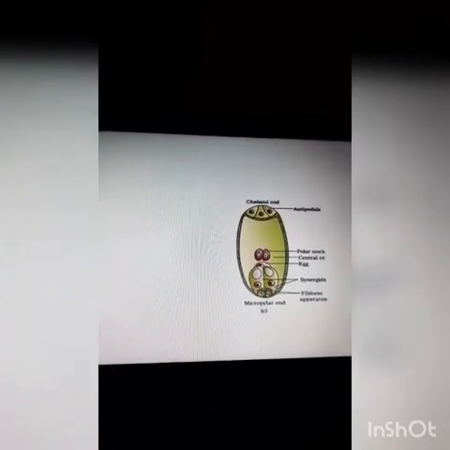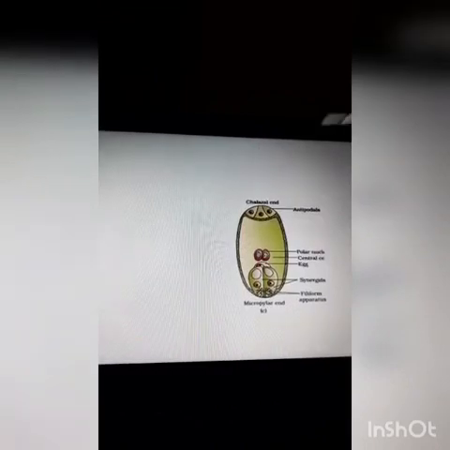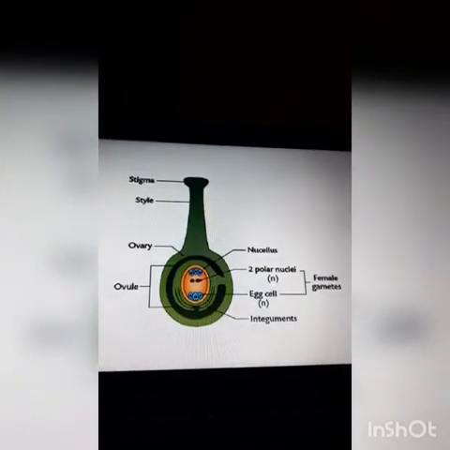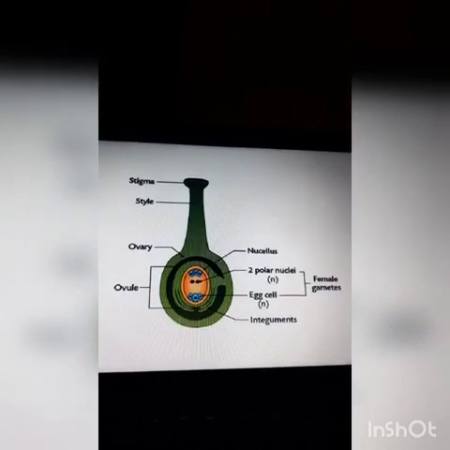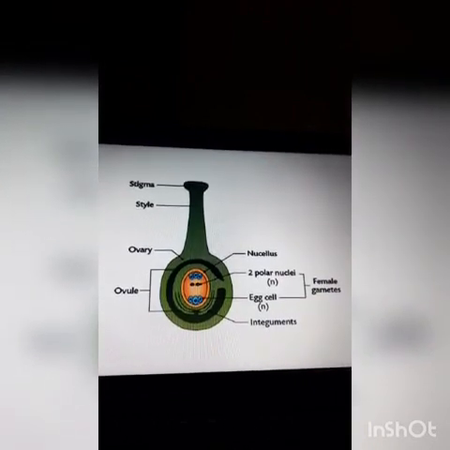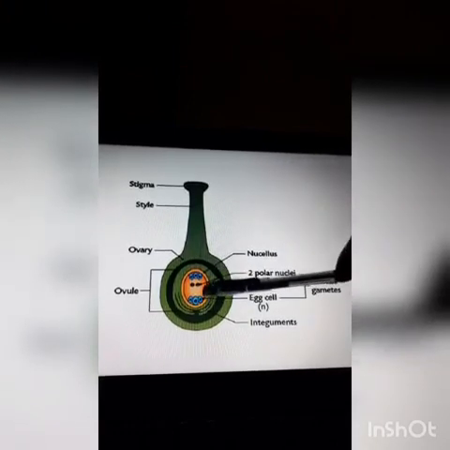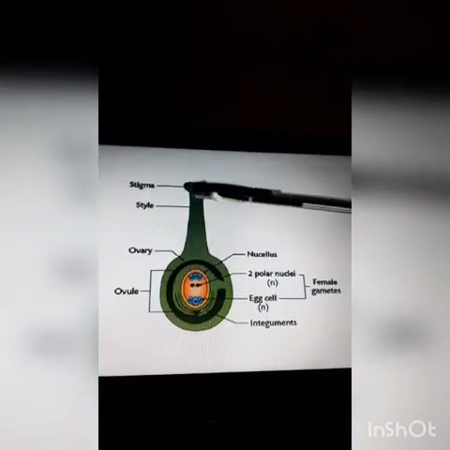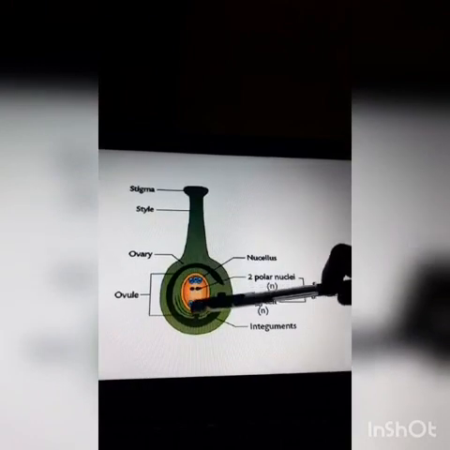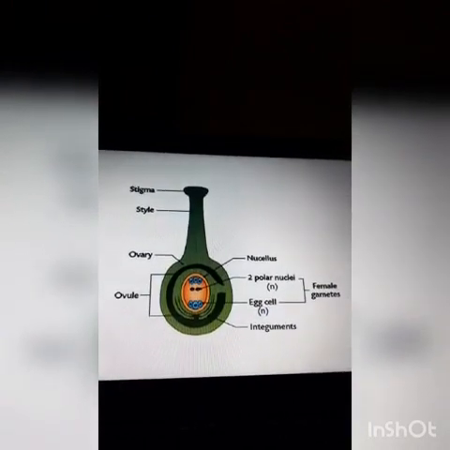When the question is asked, most of them draw just an embryo sac. But if the question asks to draw a typical embryo sac, you have to draw this diagram. That means the entire pistil you have to draw and label style, stigma and ovary. Inside the ovary you have to draw the embryo sac with three antipodals, egg apparatus and polar nuclei.